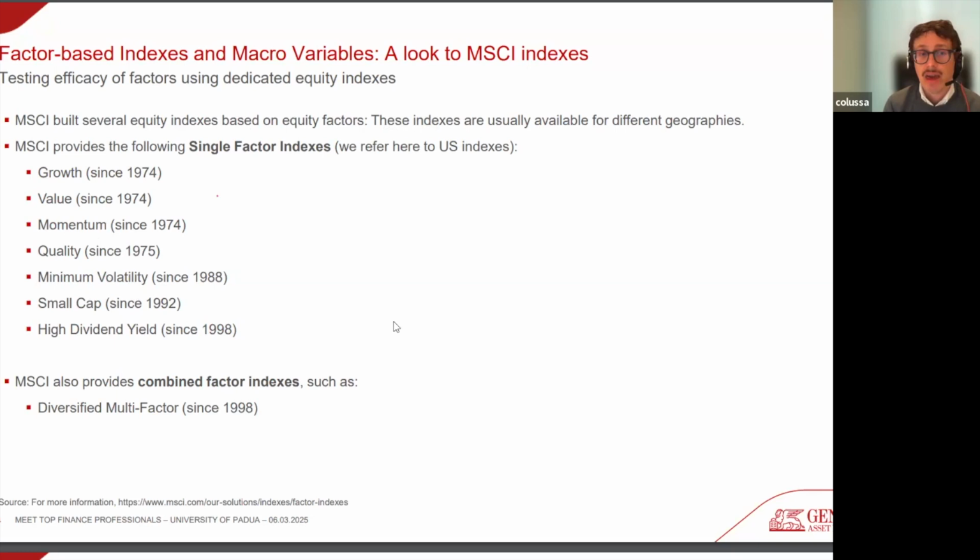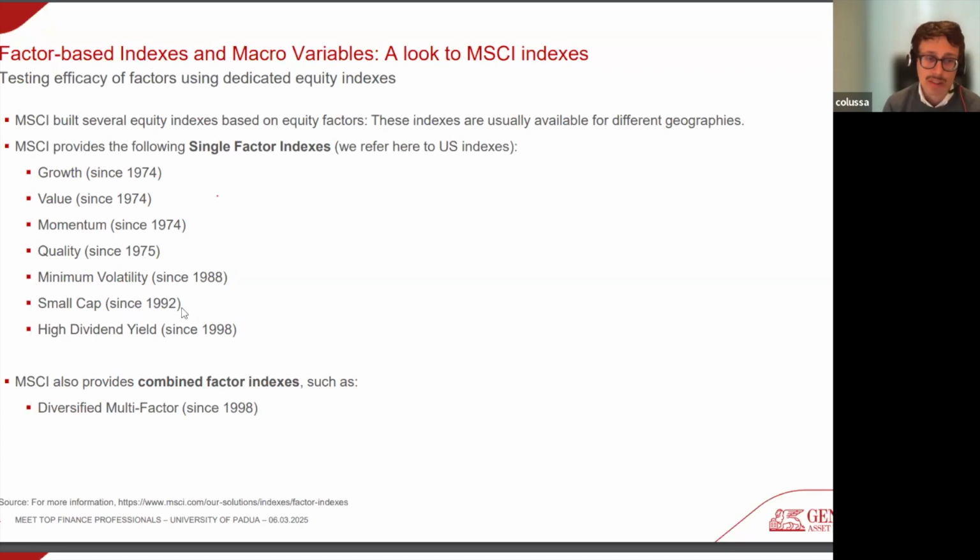MSCI builds several equity indexes based on equity factors. The first ones were the ones we discussed before: growth, value, momentum, quality. At a later stage, as we said, we found the minimum volatility, again linked to the low volatility anomaly we discussed before.